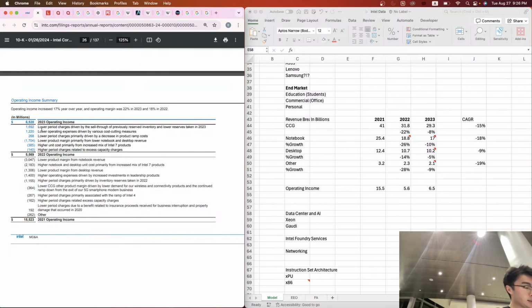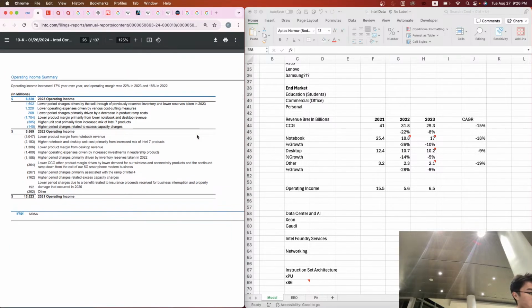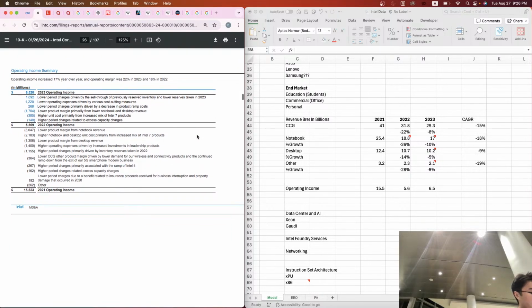Okay, so I guess this just means that they produce less goods. They're just selling old inventory, maybe. Mix of Intel 7 products, or product margin from desktop revenue.